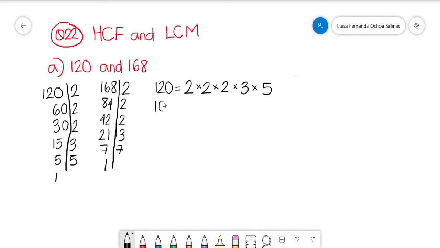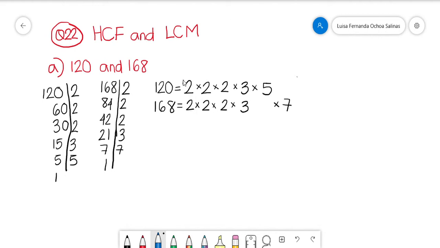So 168 is equal to 2 times 2 times 2 times 3, and at the end I'm going to put times 7. Great. With blue, I'm going to circle the ones that both of them have.